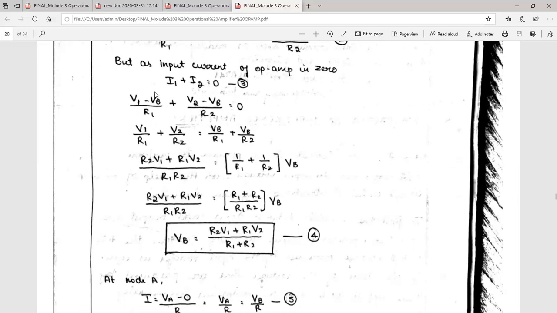So let us simplify the equation where I take all the VB terms on the right hand side. So minus VB by R1 is shifted to the right hand side, and minus VB by R2 is also shifted to the right hand side. So we will get the equation V1 by R1 plus V2 by R2, which is equal to VB by R1 plus VB by R2.